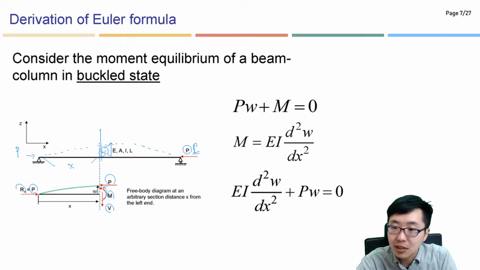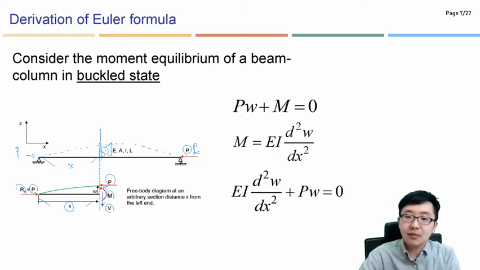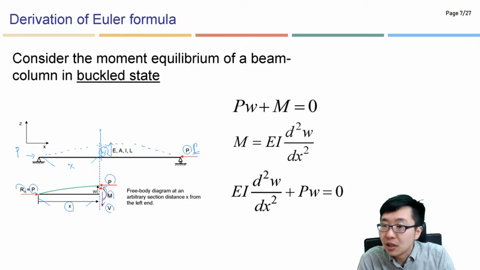So this is moment, this is shear, this is a certain length. So based on this, how do we establish the equations? This can be considered as a free body diagram.